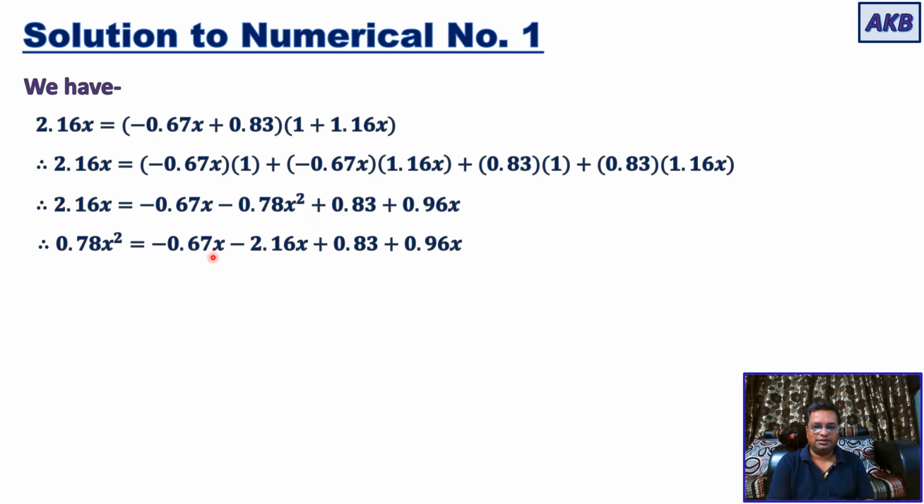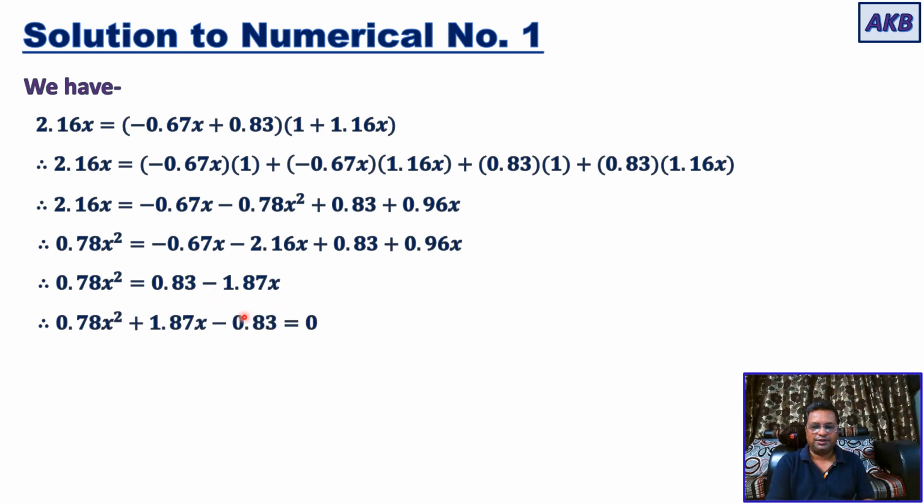Then we will simplify it on the right hand side of the equation. So it is 0.78x square is equal to 0.83 and minus 0.67x minus 2.16x plus 0.96x is minus 1.87x. So you get this equation: 0.78x square is equal to 0.83 minus 1.87x.